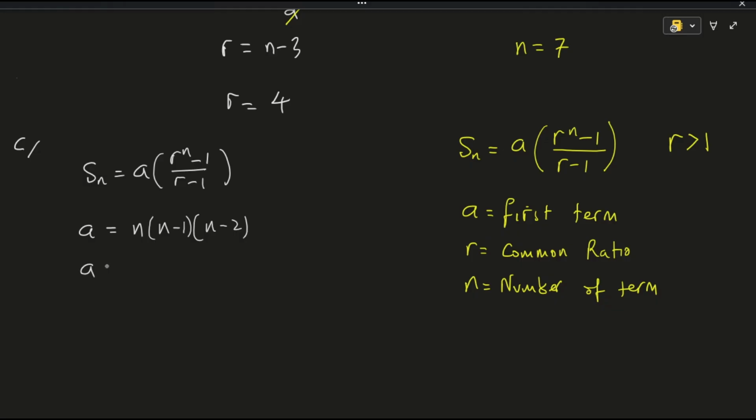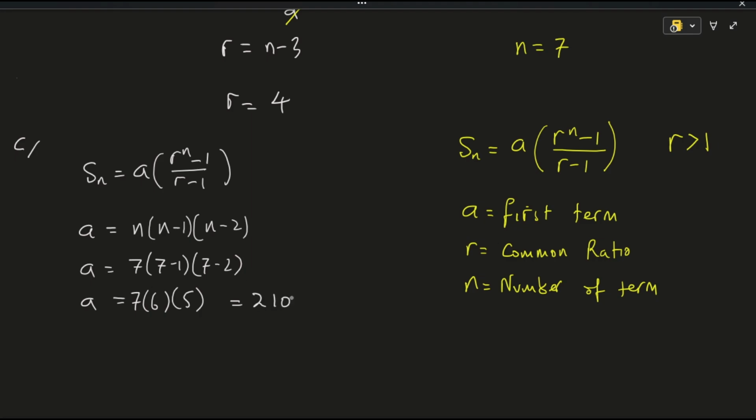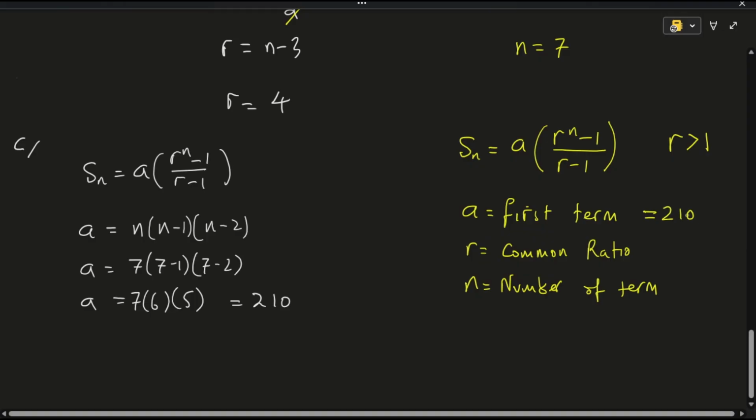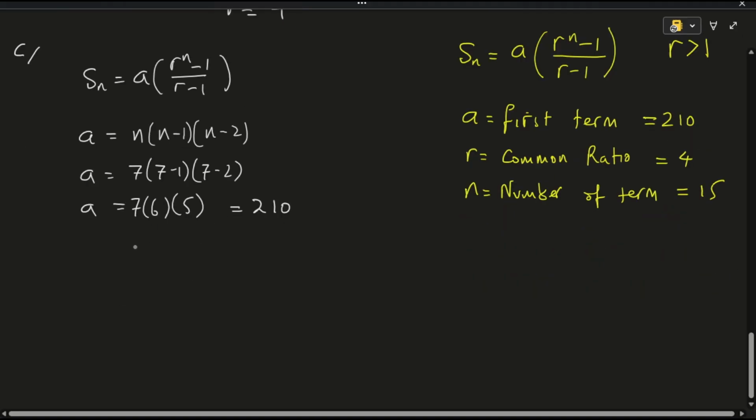So our first term, if computed, will give us 7 times 6 times 5, so our first term is 210. Our common ratio is 4, and the number of terms is 15. So let's compute the sum to the first 15 terms.